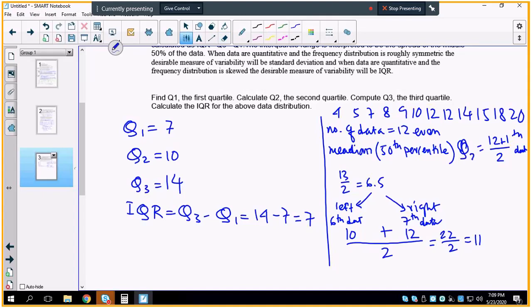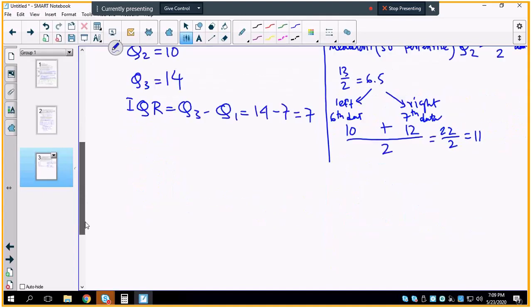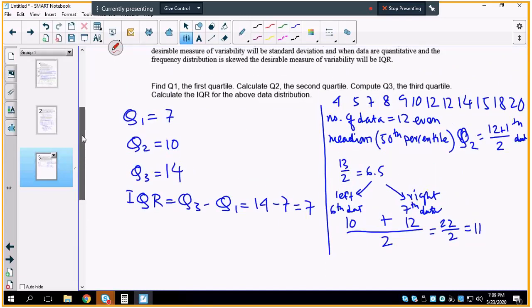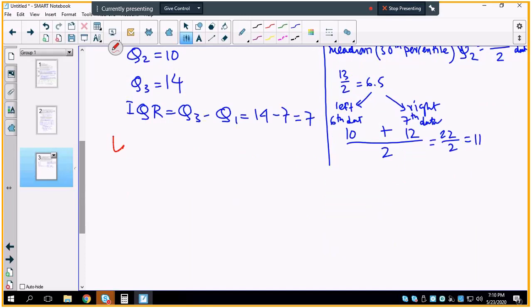So what we will do now, using this same process of finding the median, we're going to talk about quartile 1 and quartile 3. So think about the distribution. If you have put in this median of 11 here, that's the median location, then this is the lower half of the data and this is the upper half of the data. Quartile 1 is the median of the lower half of the data. This distribution has the size 6. Again, it's even. So I find the median by doing 6 plus 1 over 2, that's 7 over 2, and that's 3.5.